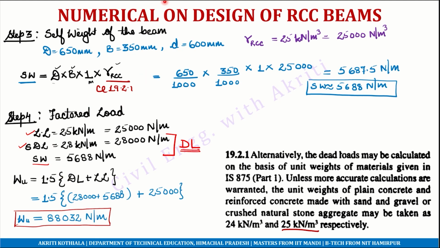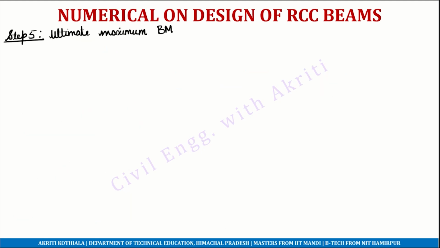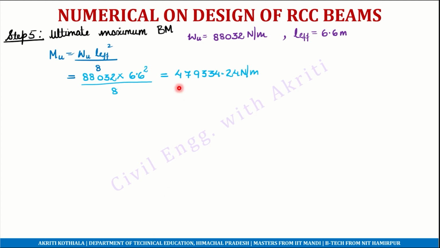Moving on to the next step, the ultimate maximum bending moment. We can calculate the maximum bending moment as Wu L effective square upon 8. Substituting the values, we have the value of Mu equal to 479,334.24 Newton meter.